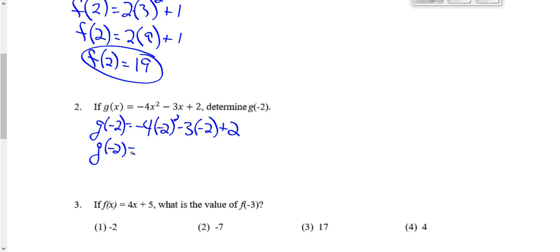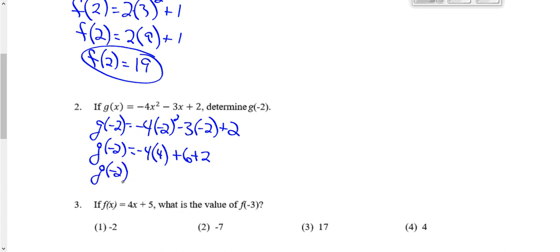Negative 2 squared is what, everybody? Positive 4, right? You gotta stop doing that. What's next? Plus 6, plus 2.